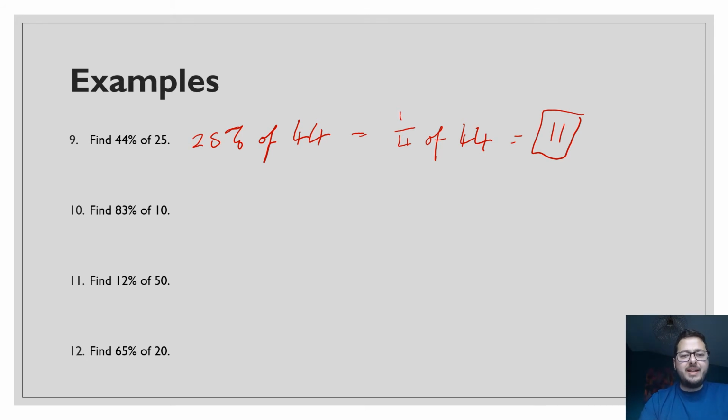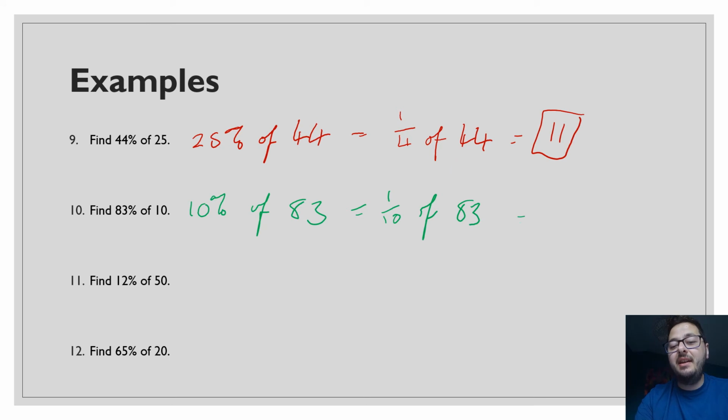Okay, the next one, we want to find 83% of 10, but, excuse me, that's going to be the same as doing 10% of 83, which is a tenth of 83. And if I divide 83 by 10, I'm going to get 8.3. Okay, so that would have been a nightmare to find 83% of 10 potentially, but 10% of 83, a lot easier.